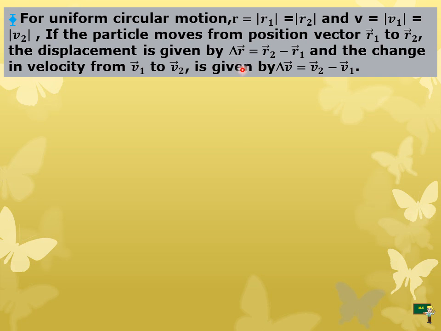That means the final radius minus the initial radius. Okay, the change in the velocity from v1 to v2 is given by del v is equal to the final velocity v2 minus the initial velocity v1.